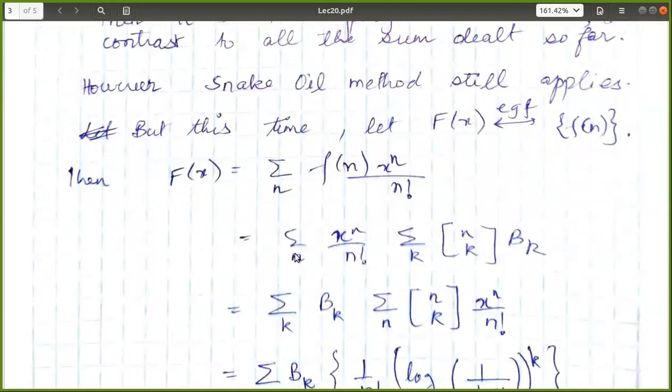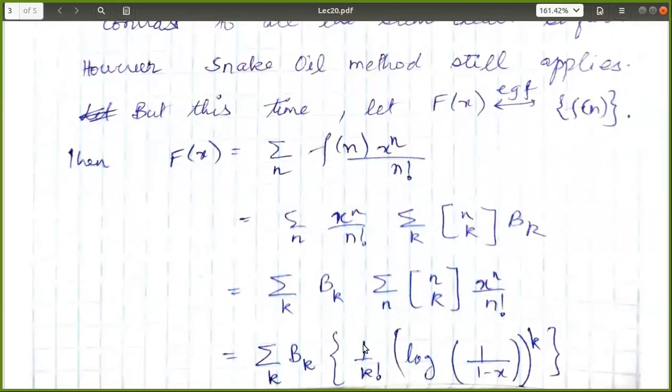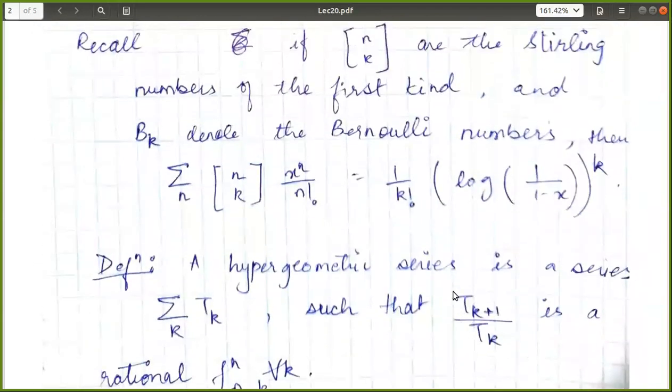So I've put the values here and interchanged the summations. The summation over n was outside; I took it inside with the things that depend on n, and whatever didn't depend on n comes out in the summation for k. Now this identity, I already told you, evaluates to 1 upon k factorial times log of 1 upon 1 minus x, whole raised to k. Yes, this is what I had given here.